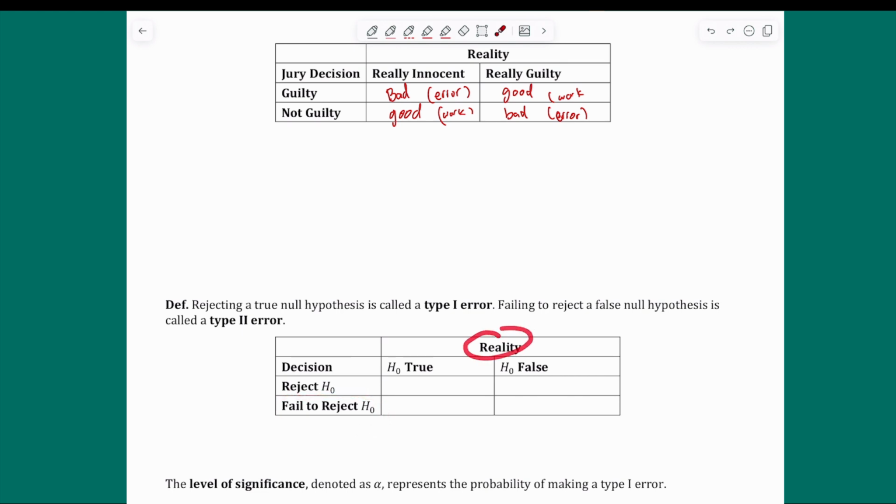And the reality is, we never know whether the null hypothesis is true or false. Only God or some higher being knows the reality. It's set up exactly the same as the table above. In the first cell, if the decision of the test came out to reject the null, but the null hypothesis is true, that's an error, and that's what we call a type 1 error.